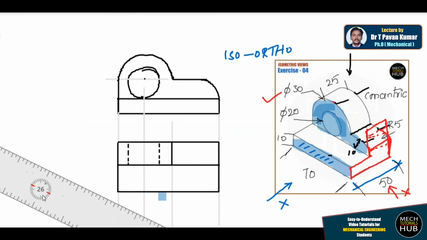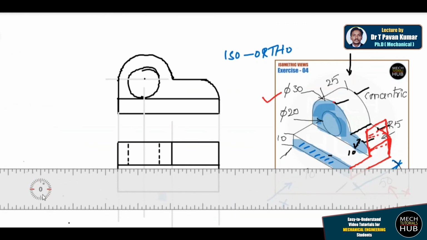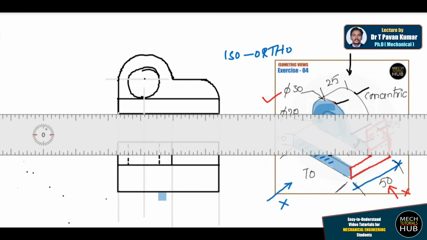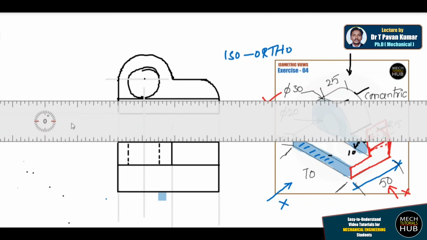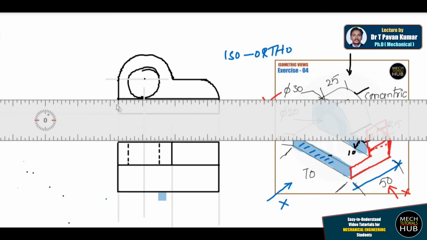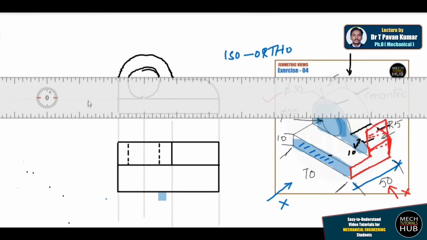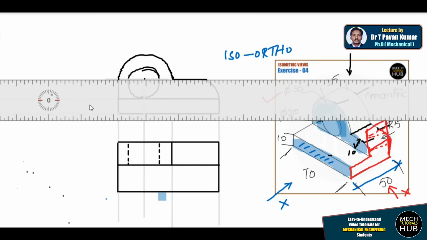To do that, again rotate it to 0 degrees, keep it normal, and take a construction line, which in the conventional way of representing is a 2H pencil, at this edge, at this edge, and also at this edge.